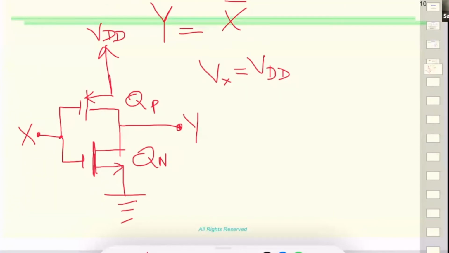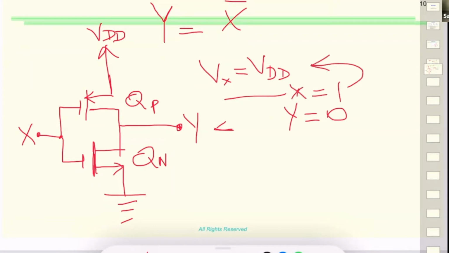So if Qn is active and Qp is open circuit, what would happen to this voltage? It just goes to ground, right? What would you get at Y? 0, or low. So in this situation, Y would be 0. When X is equal to 1, your Y is equal to 0.